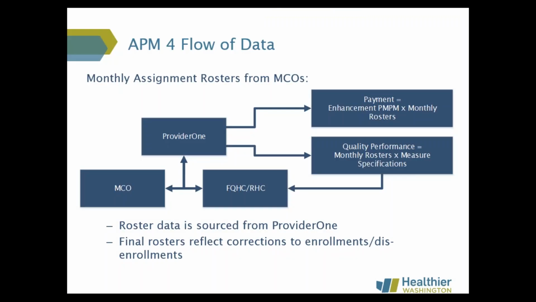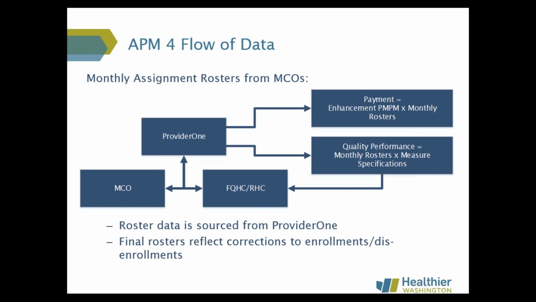So this slide here really goes over the flow of data for APM4, but also for APM3 in general. We are using the assignment data or the roster information that's generated by the MCOs that are uploaded into the Provider 1 system to both deliver payment as well as run the performance measures. So these data are sourced from Provider 1.